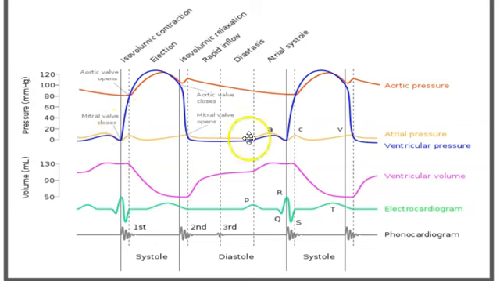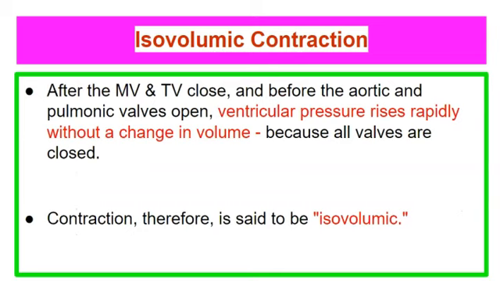You can see that happening with ventricular pressure in the blue line right here. If you go over here and look at this pressure scale, you can see the pressure rising very rapidly during that isovolumic contraction period right there. And therefore contraction is said to be isovolumic.